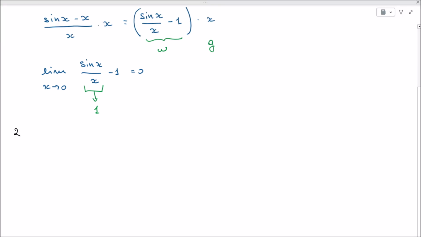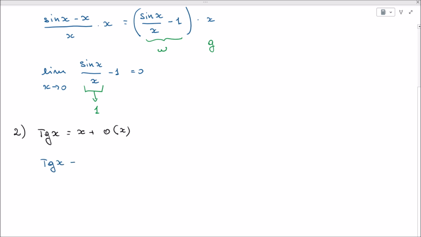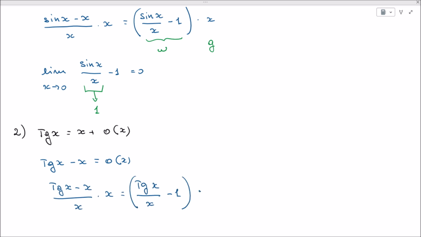Second expansion. Tangent of x can be expanded into x plus little o of x. Again, we can rewrite this as tangent of x minus x equal to little o of x, and this can be also rewritten as tangent of x minus x divided by x and then multiplied by x, which is tangent of x divided by x minus 1, all this times x.